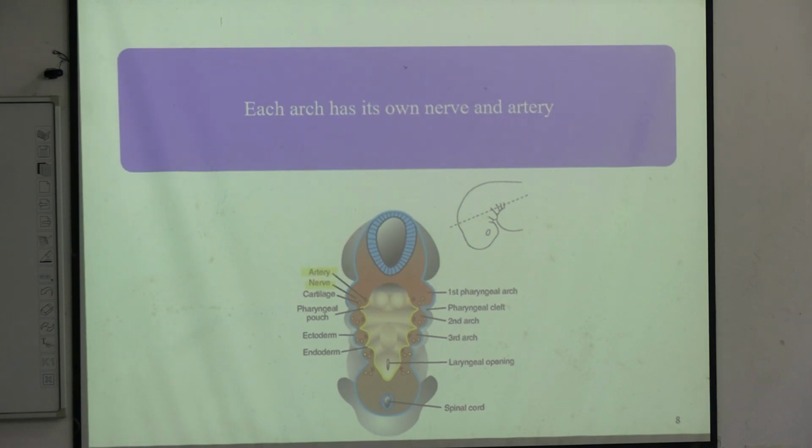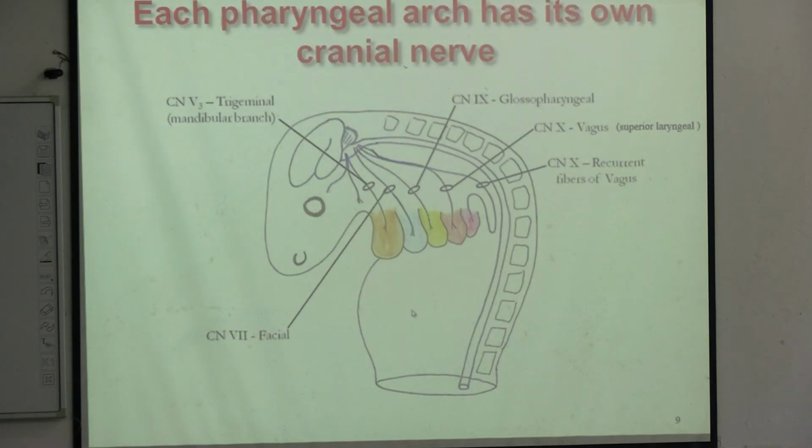No one else. So what our role is there? We have to know what muscles are coming from arch number 1 and then nerve supply to it is easy. Trigeminal. Whatever the muscles coming from arch number 2 and their nerve supply? Facial. That's easy. Clear?